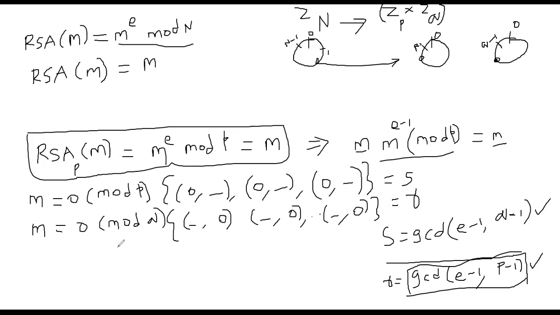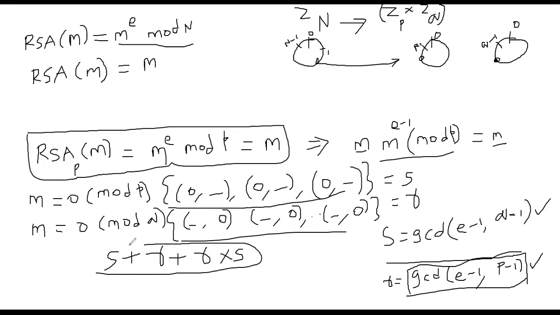It must be all of the elements of this set, which is made of S elements and then R elements, right? And R times S. This is the model that tells us how many fixed points we can expect in an RSA function like this.